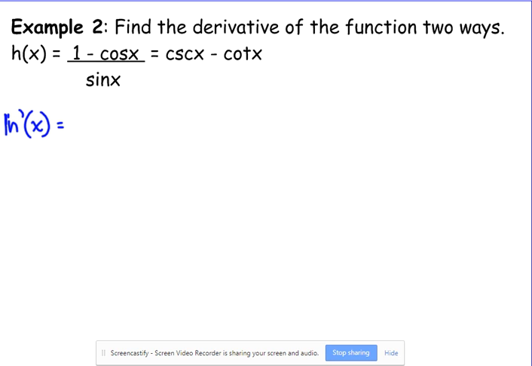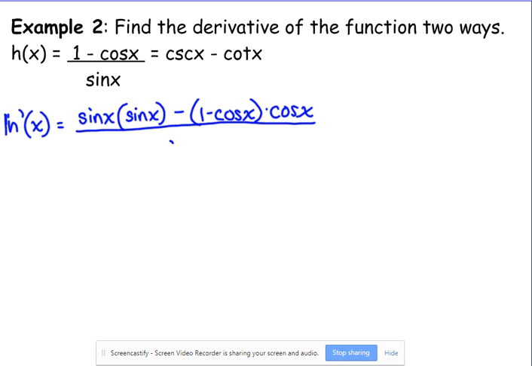Okay, so low d high, derivative of 1 is 0. The derivative of negative cosine would be positive sine, minus high d low, all over low squared. So let's simplify some things here. Sine times sine is sine squared of x.